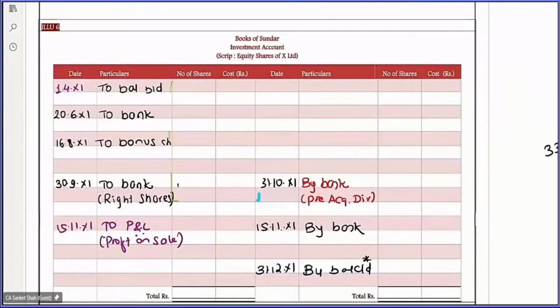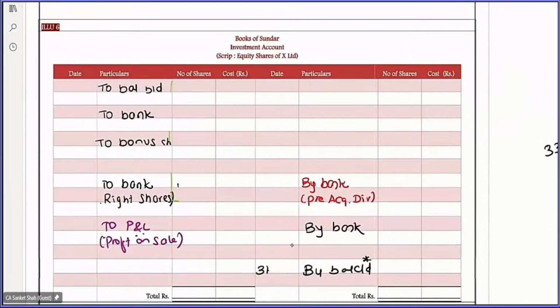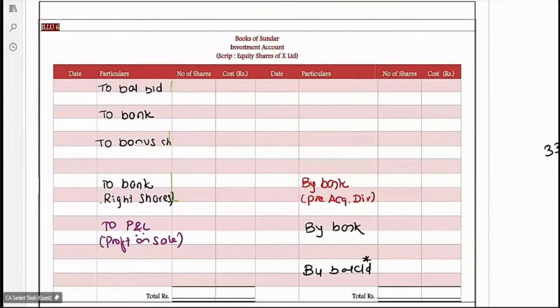This is the pro forma, no need to write the date either. Yes, you can write the pro forma in this.